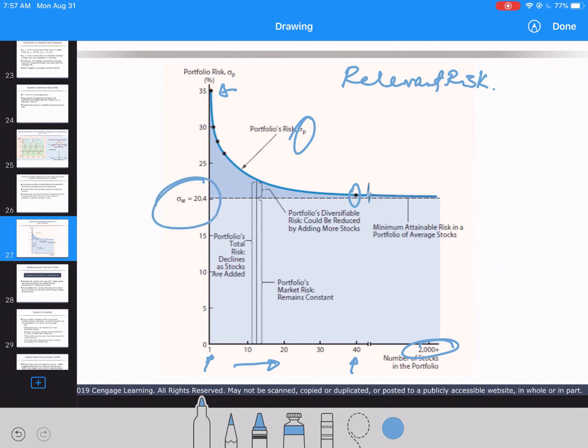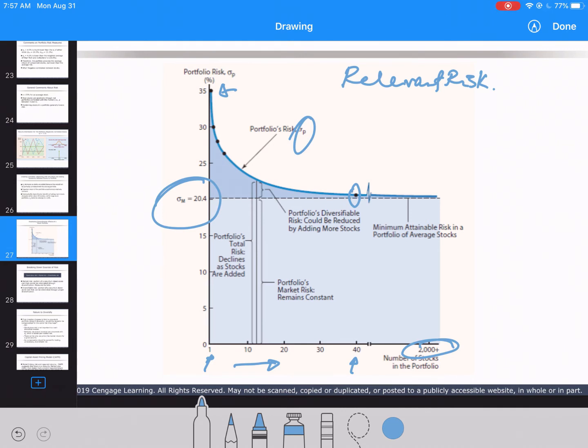So you have reduced the risk of an individual asset, individual security, individual stock, from 35 to 20.4%. And this you could do only because there is diversifiable risk in here. So how much risk is diversified away? If you take a 40 stock portfolio, about 15%.